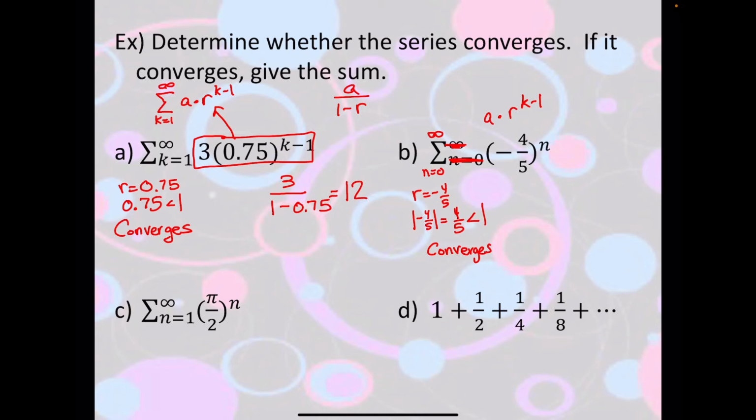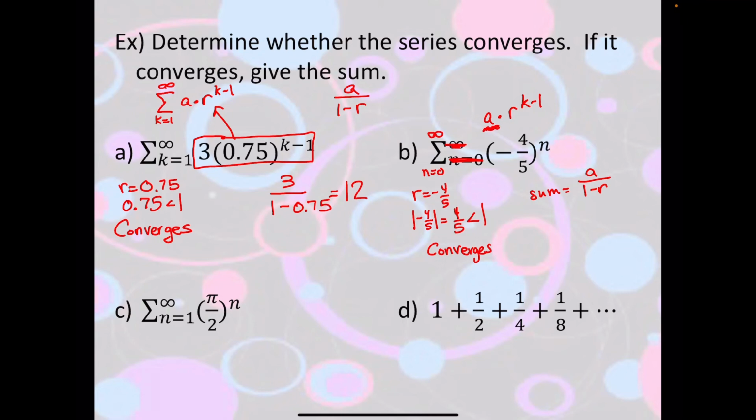And since it does, we're supposed to find the sum, which is a over 1 minus r. Now remember, a is our first term, or it's this term written in this form, but I don't have that.